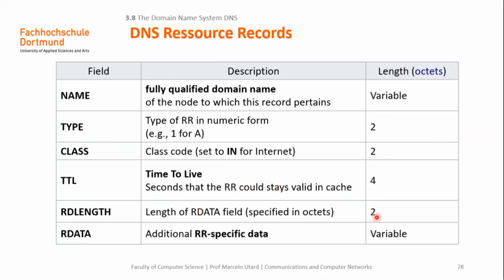Finally, there is data associated with the resource record. One field of 2 octets specifies the length of the data, and finally we have in the record the data associated with that RR.